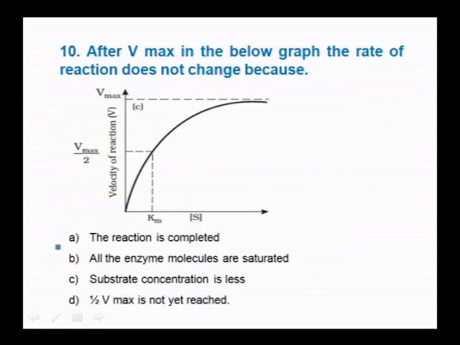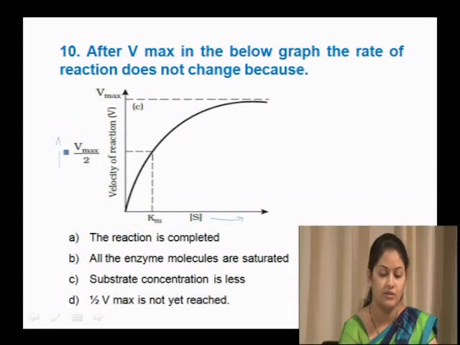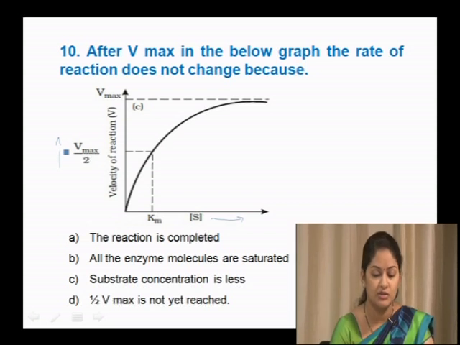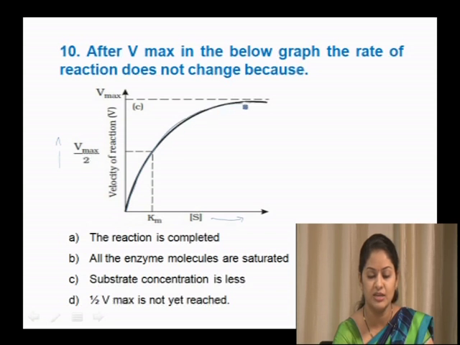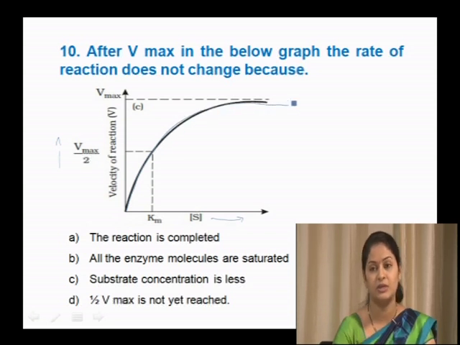Moving on to 10th question. After Vmax in the below graph, the rate of reaction does not change. So let us understand the graph first of all. The lower axis is indicating the substrate, and on the other axis we are having the velocity of reaction. When the rate of reaction is compared with the substrate, we can identify that the graph is taking a leap here and it is coming to a stationary phase here, or it is becoming steady.